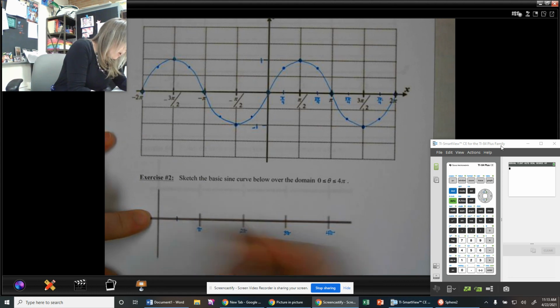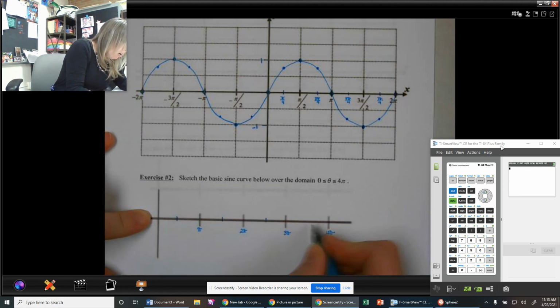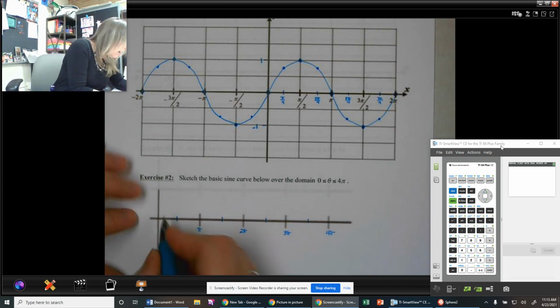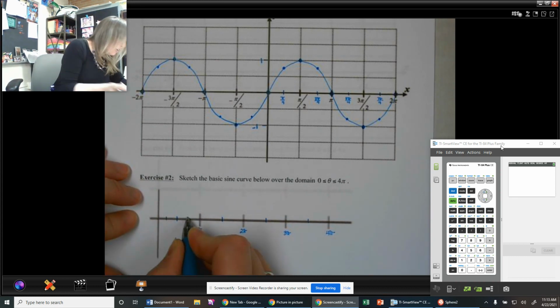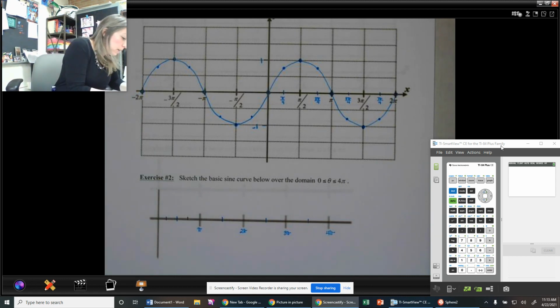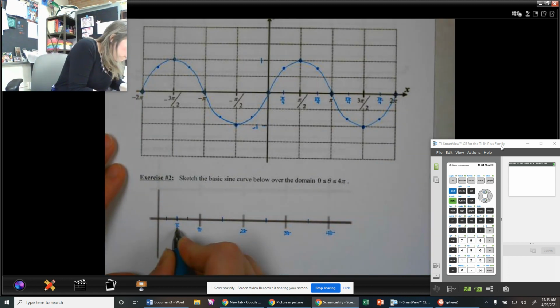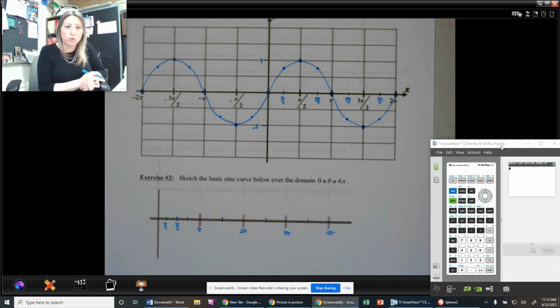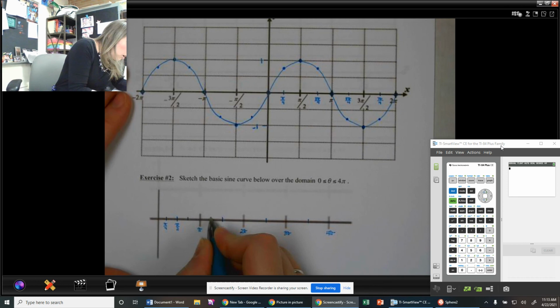These will be my halfways. So these will be all my 90 and 270s, right? And if we're going the 45s, halfway between those, let me just label those, pi over 2 and pi over 4. So we know what each of those hash marks is as we're going and scaling.